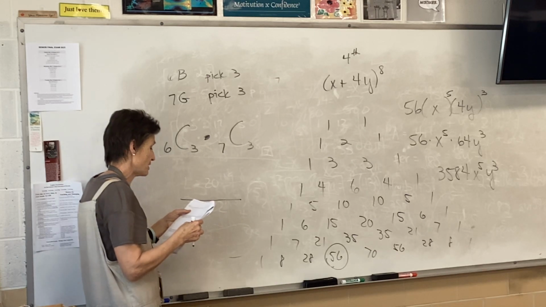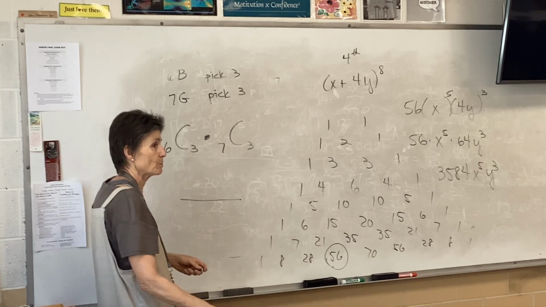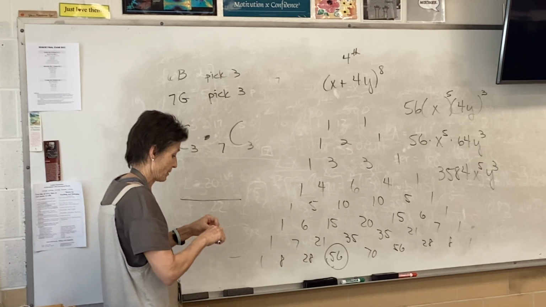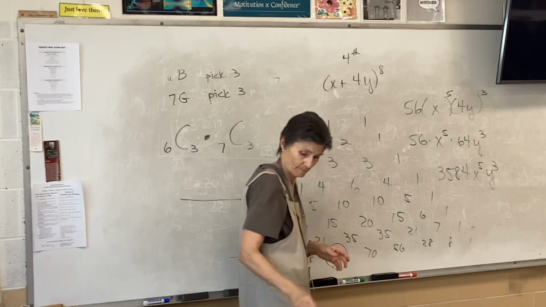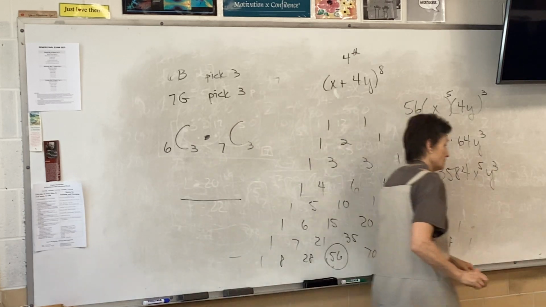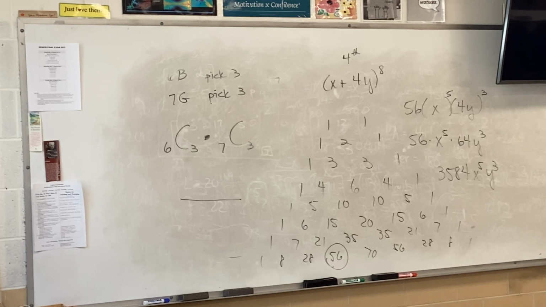What's the probability you will get at least 3 aces? Okay, what does that mean? At least 3 aces. Well, it means I could get 3 aces, or I could get 4 aces, right? So this is going to be 2 problems. But do each problem and then I'll add it together.